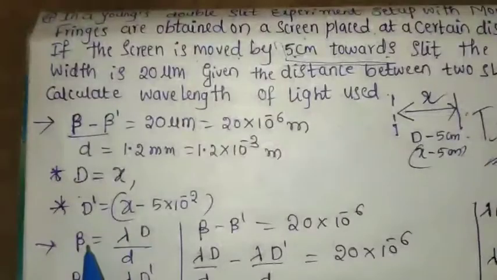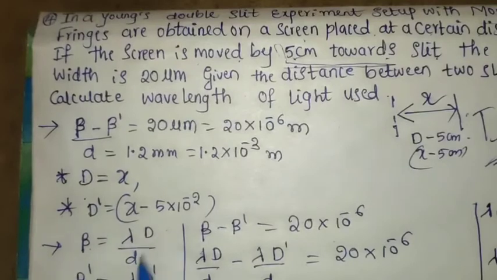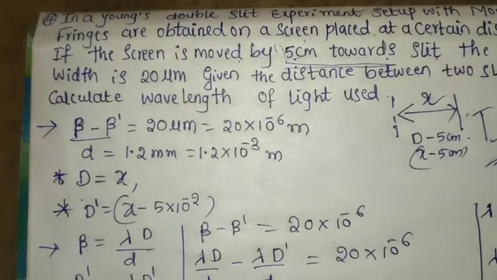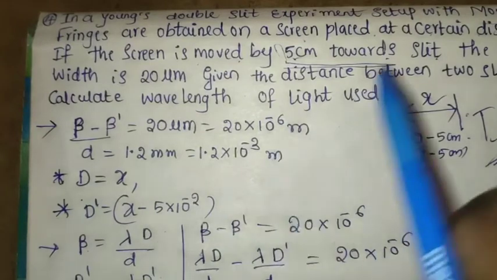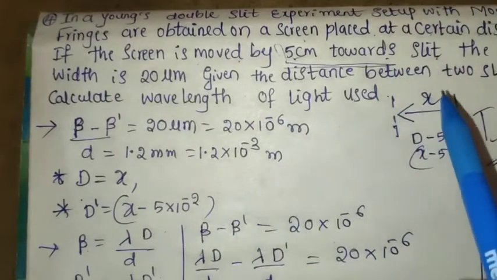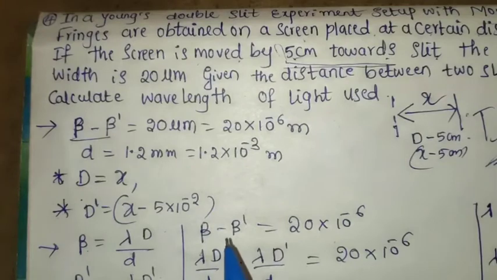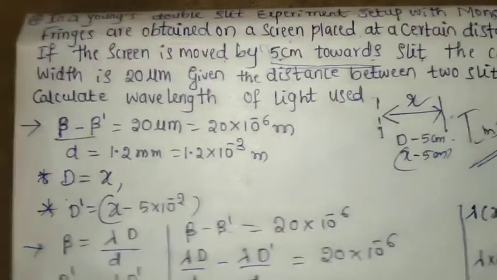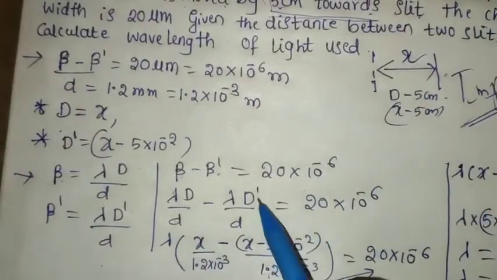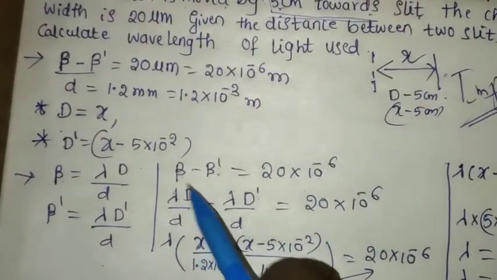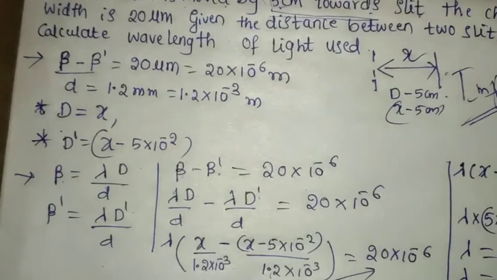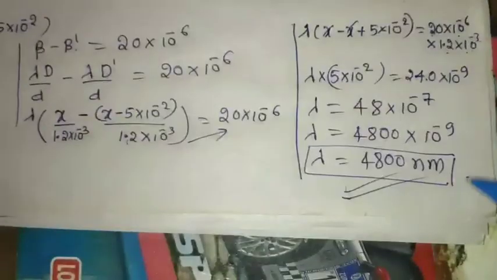As usual we know the fringe width formula, beta equals lambda D by small d, and beta dash equals lambda D dash by d, which is the different fringe width obtained after moving the screen towards the slits. From the given data, beta minus beta dash is 20 into 10 to the power minus 6. After substituting, with D equal to x minus 5 into 10 to the power minus 2, and simplifying, you will get lambda, that is 4800 nanometer.